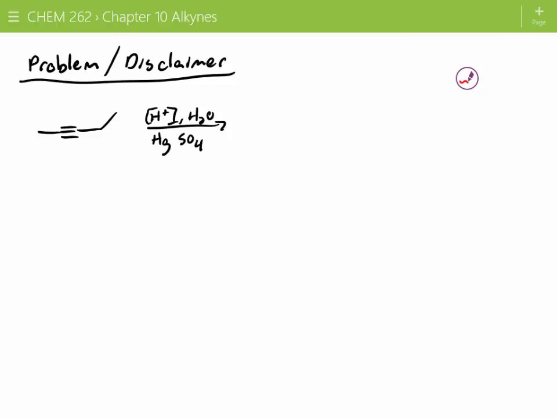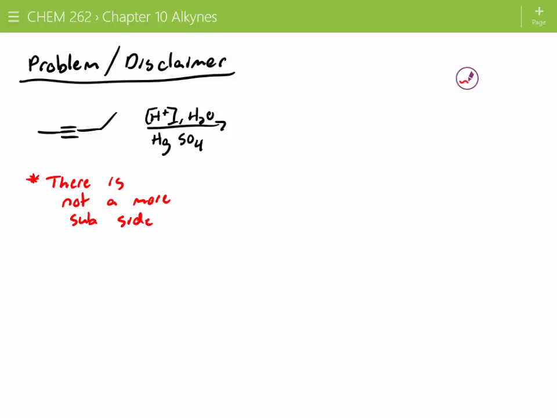Which side is our Markovnikov side? They're both the same, right? So in this case, there is not a more substituted side.